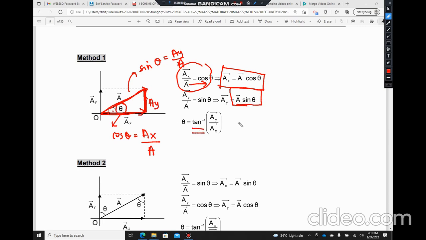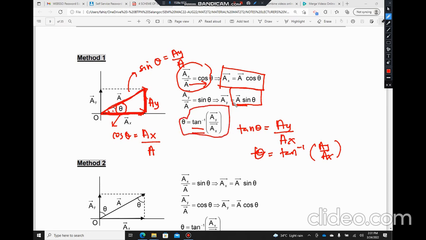Okay, tangent means opposite. Okay, so tangent theta equals to AY over adjacent. Adjacent is AX. So, that's why we get theta equals to tangent inverse AY over AX. Okay, so kita akan dapat this three formula. Okay, boleh faham this one?